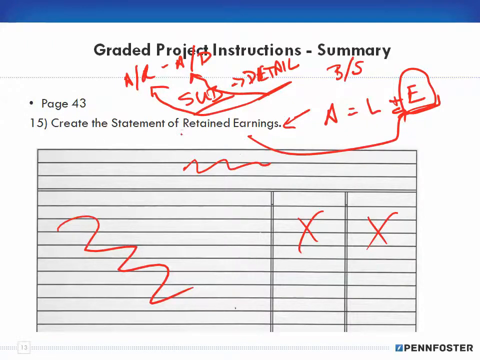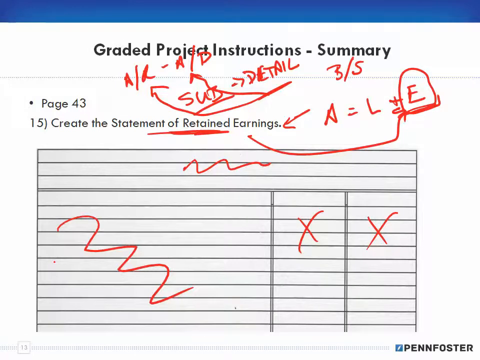Well, the statement of retained earnings is very similar in that when you get a big company, there's too much information in your equity section, so they simplify it, and all of the detail is shown here on the statement of retained earnings. So that's why you're having to create one, and so that you know where some of this information comes from.